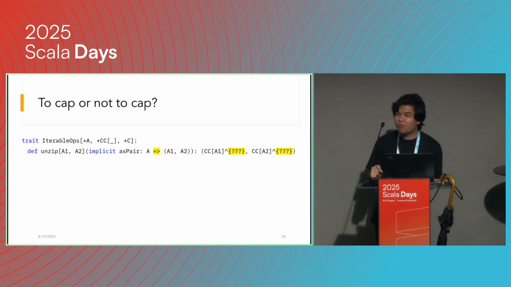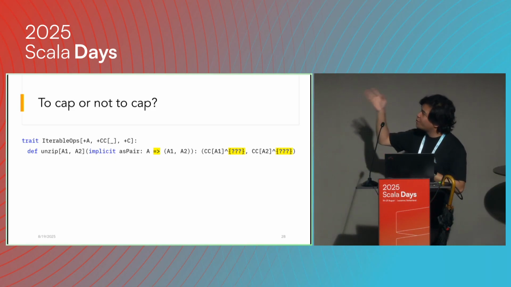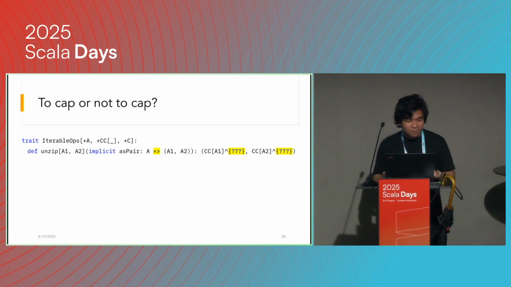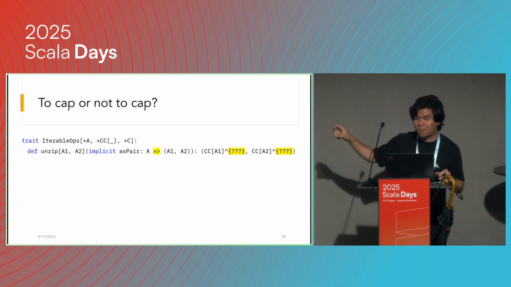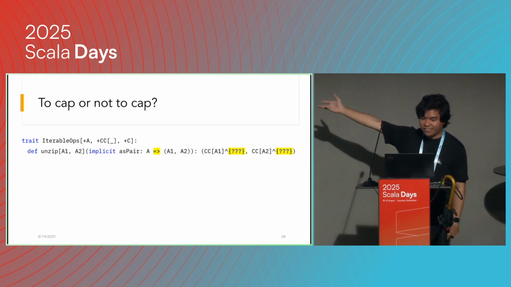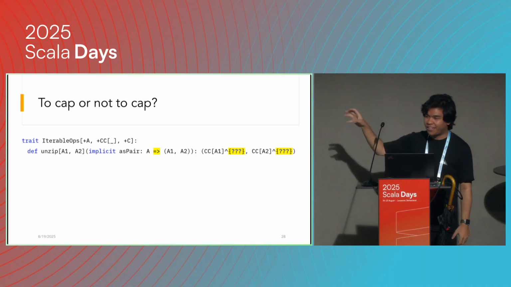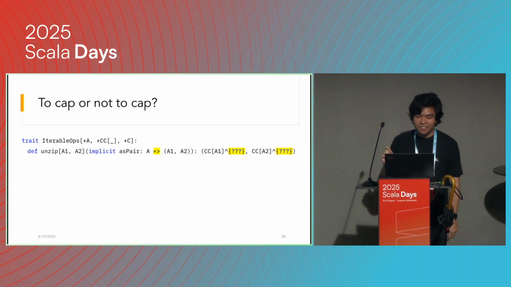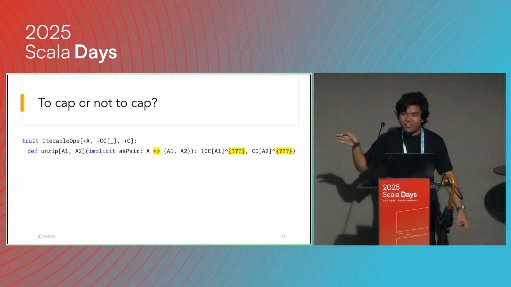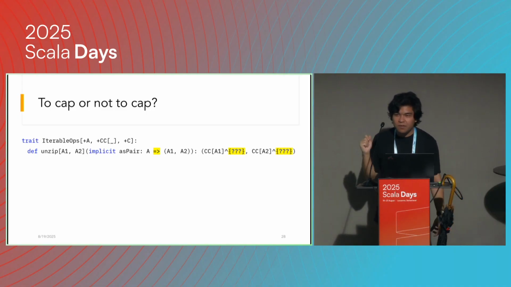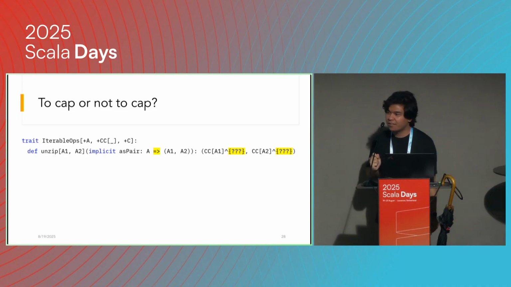Okay, what about this one? Same trait, the function is now unzip. What unzip does is it takes this iterable and then implicitly a function that turns an A into a pair, and then it turns the whole thing into two sequences. So the question now is not exactly what you can take, but what you want to take.